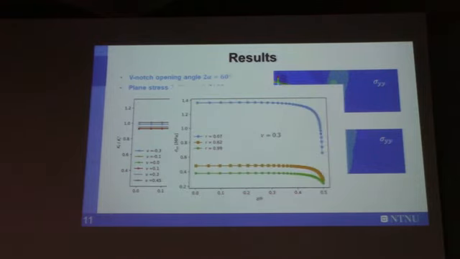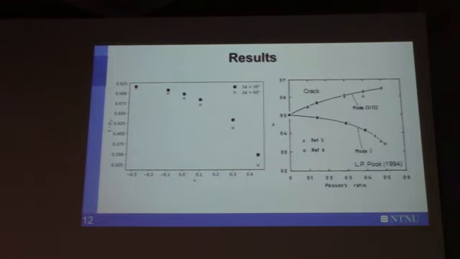So this is the behavior of the stress field along the crack front for three different values of distance from the notch tip. We can see how it's in agreement with the behavior of the stress intensity factor.